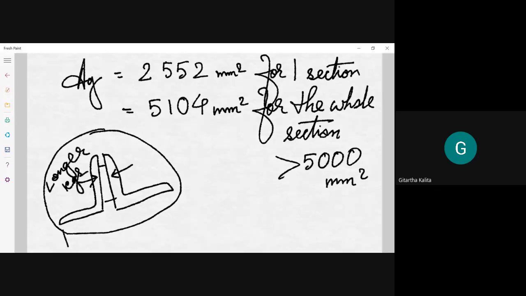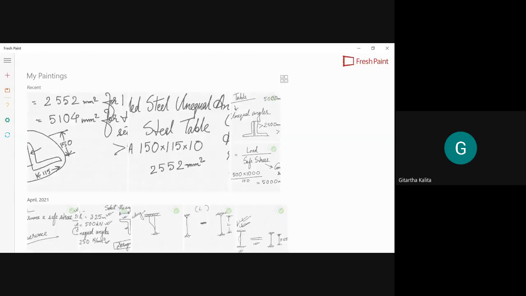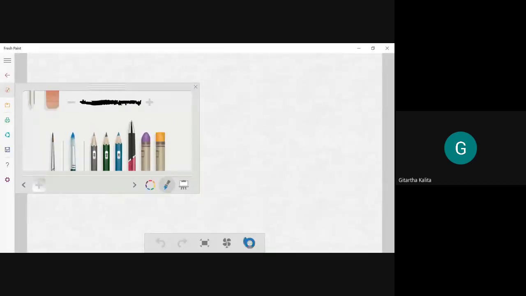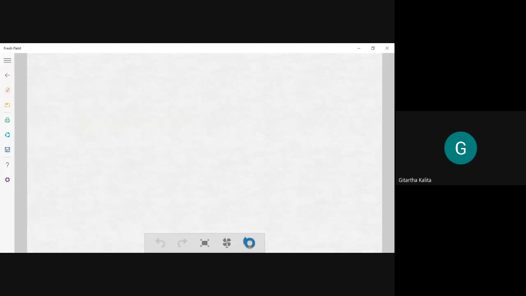So this is 115 and this is 150. Longer legs are connected back to back. Now, as you get this section, you will see there is a spacing. Here the diagram is drawn in this manner. It's fine, no problem.